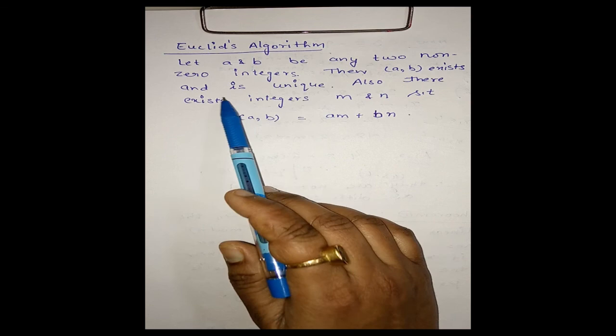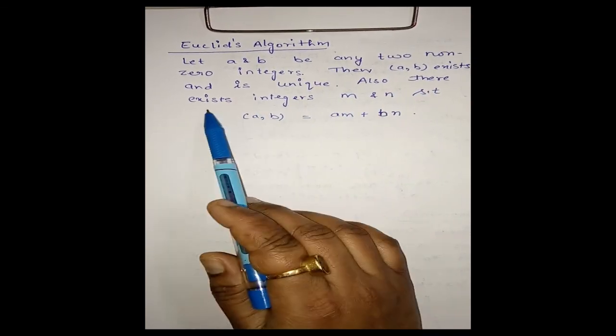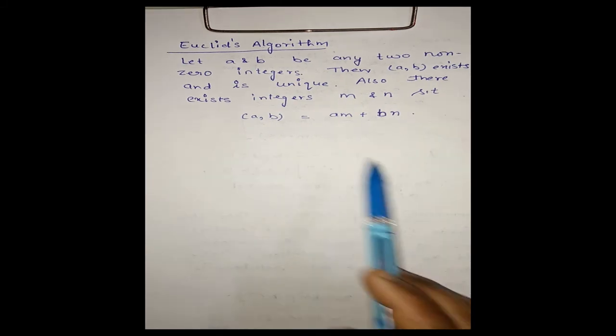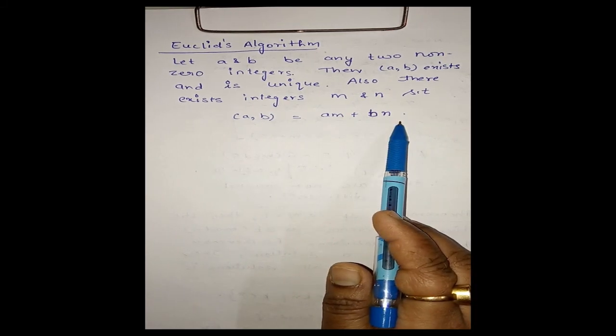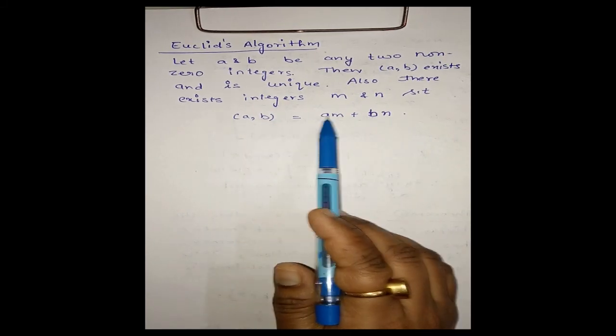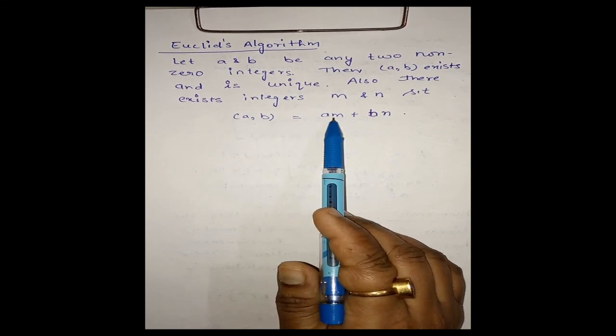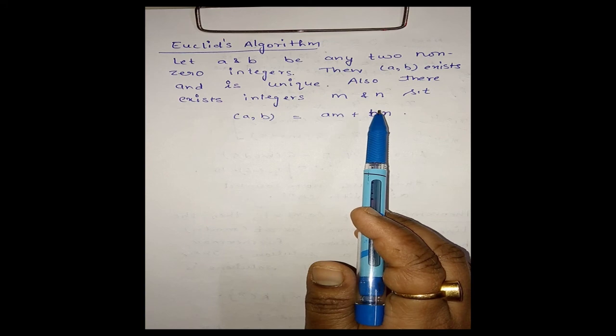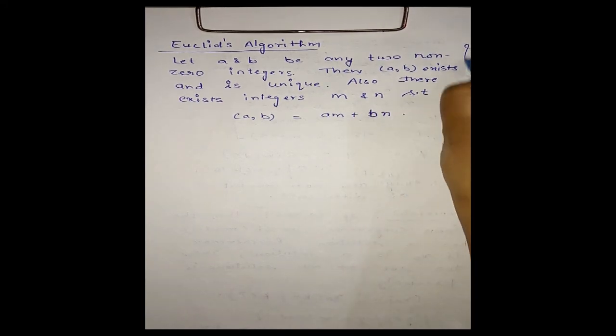Also, there exist integers m and n such that GCD of a and b can be represented as a into m plus b into n. This is Euclid's algorithm. This will be required in proving this theorem.